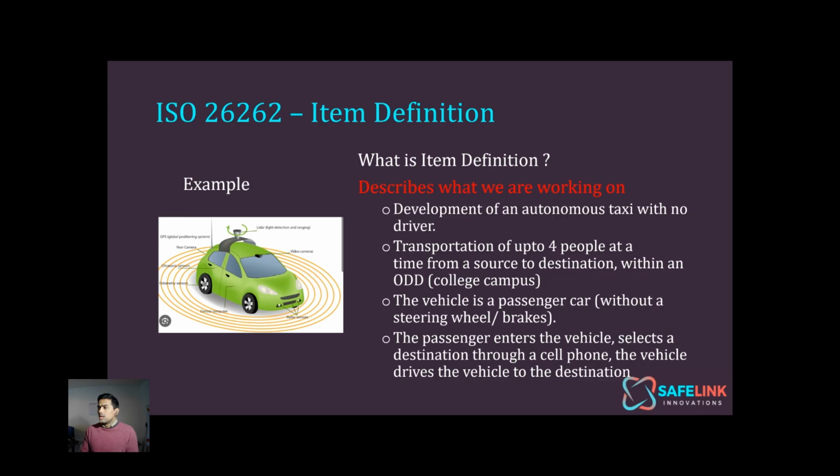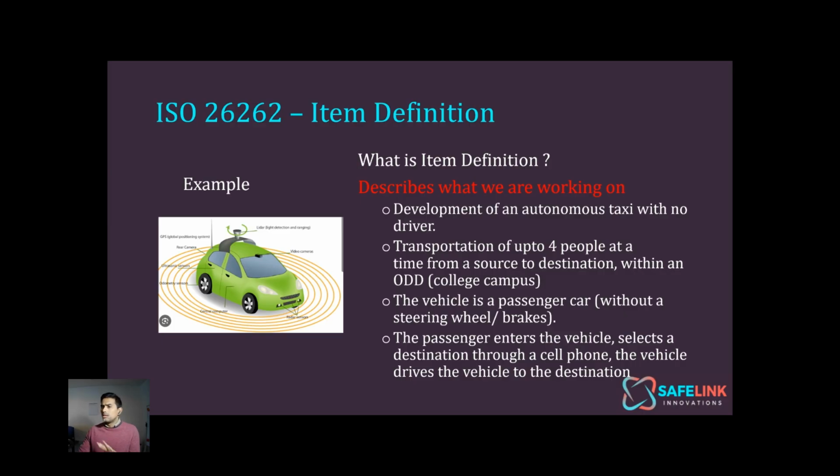Imagine all of this was done within a limited ODD, operational design domain, and let's say this is just a college campus. And let's say the vehicle is just a passenger car where four people can sit. They enter the vehicle, they enter the directions where they want to go. The vehicle drives autonomously and drops them at the destination. Now, this is a high level description of what we're working on.